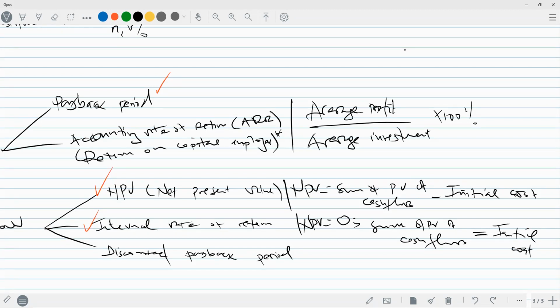What's the future value of all the cash flows we are going to be receiving from this investment? At what rate must this initial investment grow to equate to the future value of the cash flows?